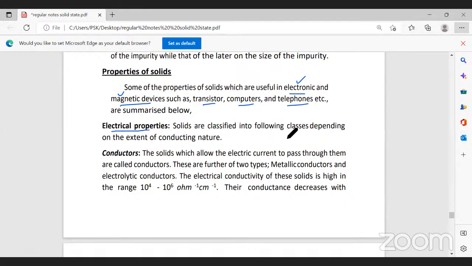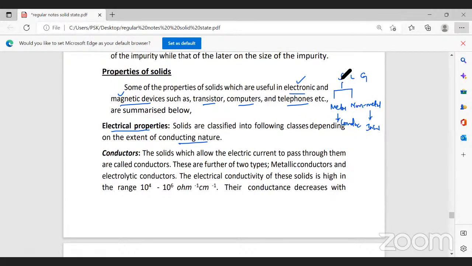Solids are classified into the following classes depending on the extent of conducting nature. Now we know that in the periodic table we have solids, liquids, and gases. In case of solids, we have metals and non-metals. We know that all metals are conductors and all non-metals are insulators.